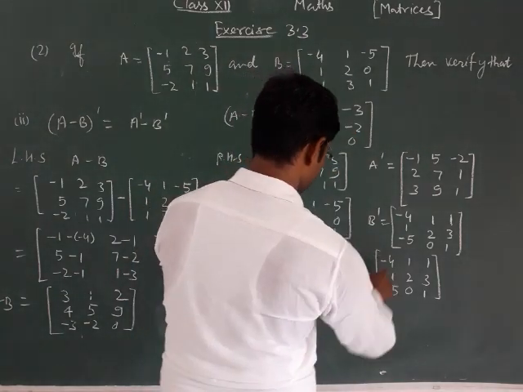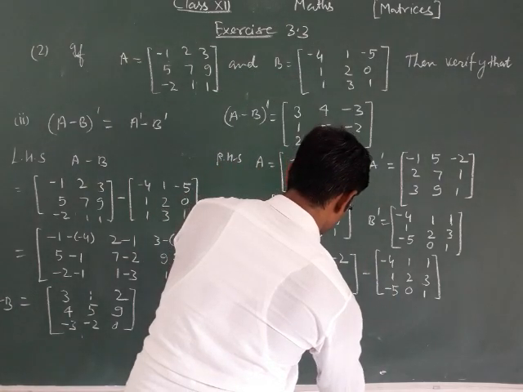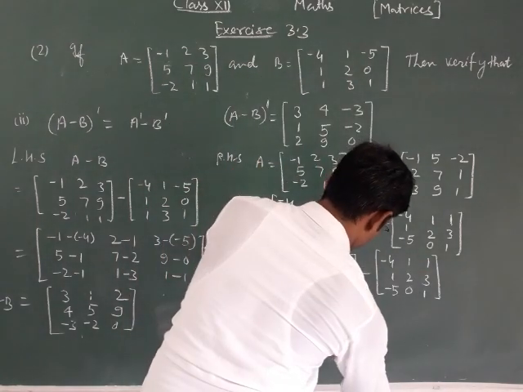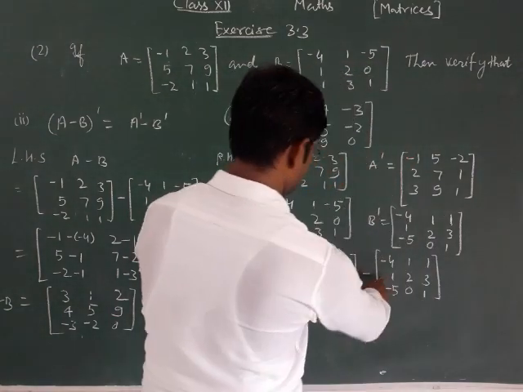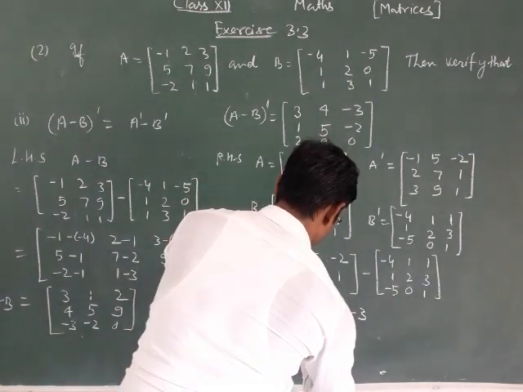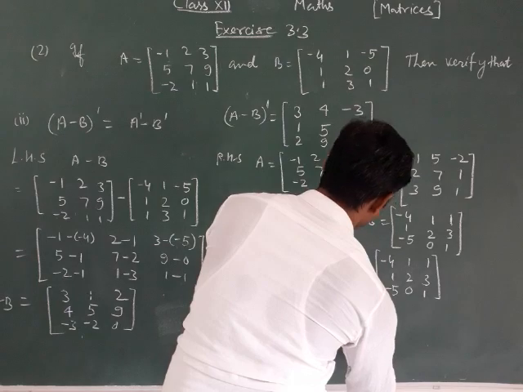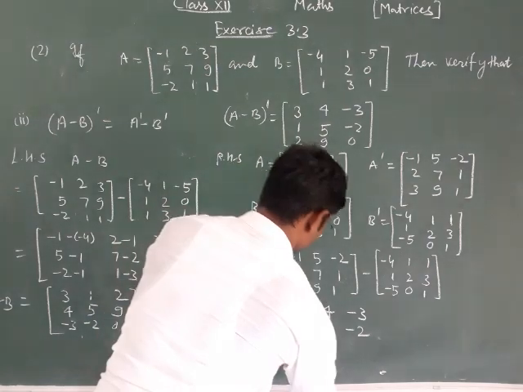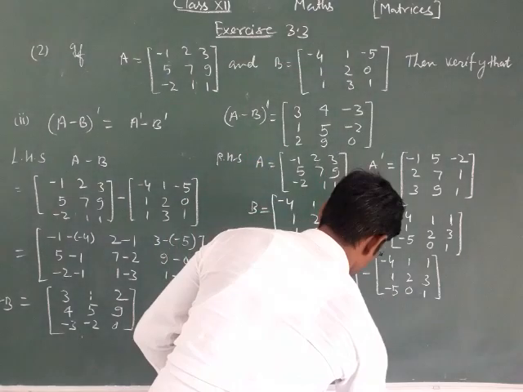Minus 1 minus minus 4, this is 3, and 5 minus 1, this is 4, and minus 2 minus 1, this is minus 3, and 2 minus 1, this is 1, and 7 minus 2, this is 5, 1 minus 3, this is minus 2, and 3 minus minus 5, this is 2, and 9 minus 0, this is 9, and 1 minus 1, this is 0.